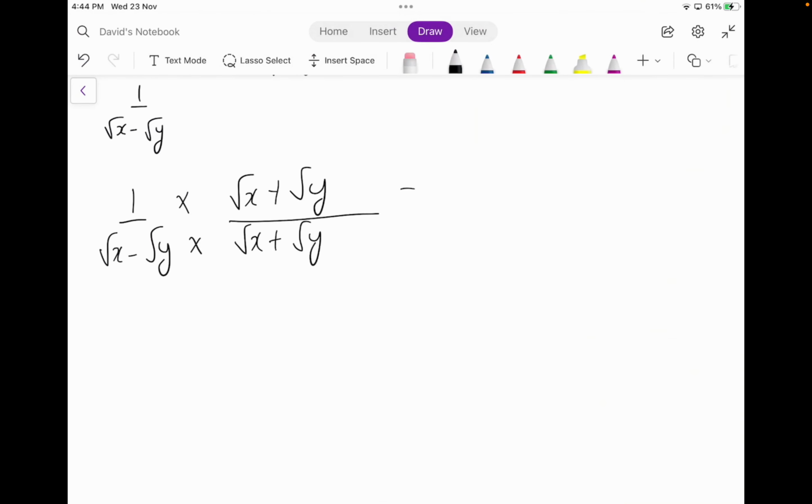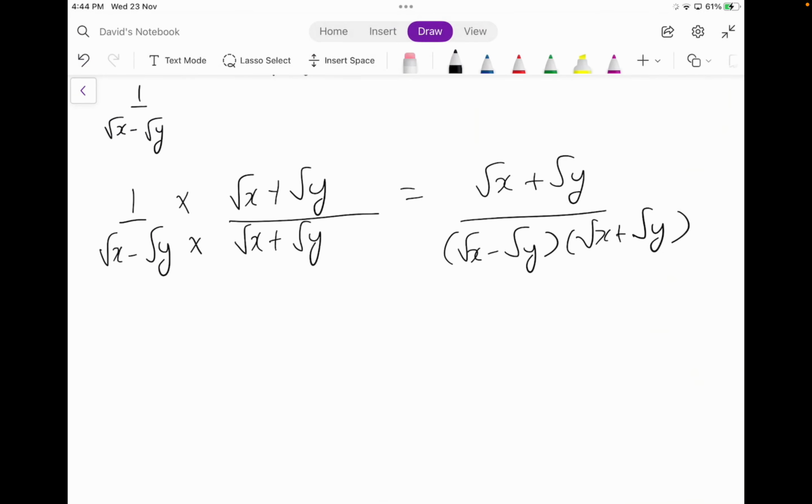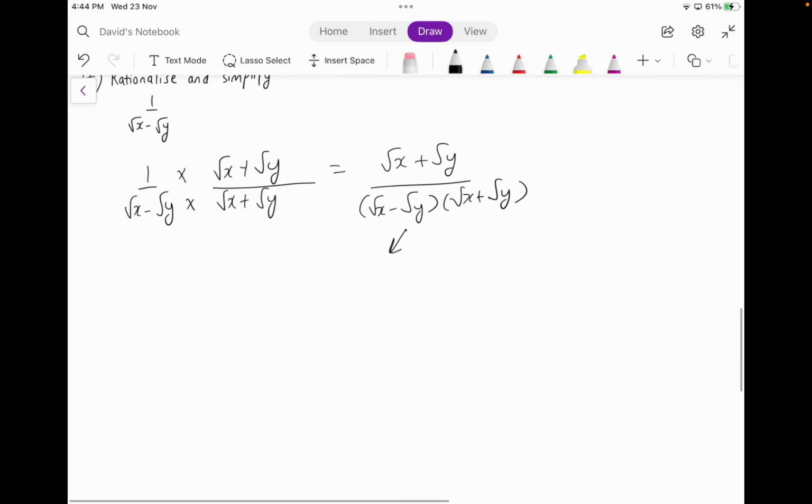So if you multiply that, that becomes square root x plus square root y divided by, you're going to put this in brackets, square root x plus square root y. And we're going to simplify this. This is the most important part, that we simplify this carefully to get square root x times square root x. That's going to give us a positive x plus square root x times square root y.